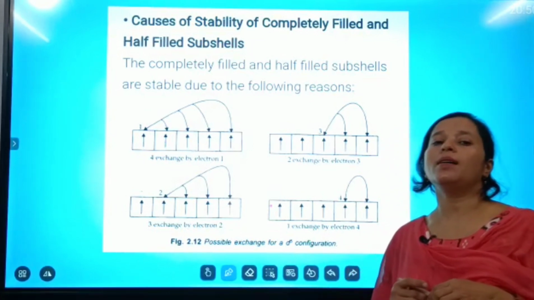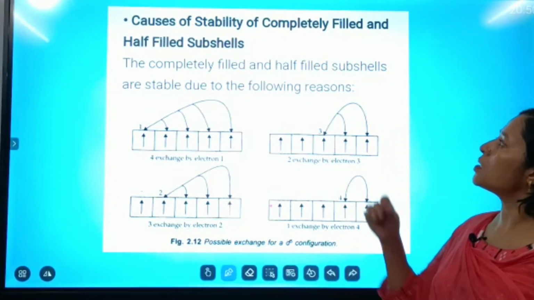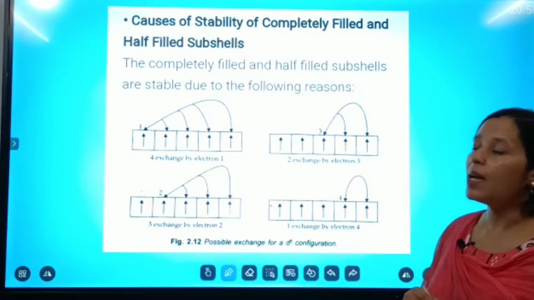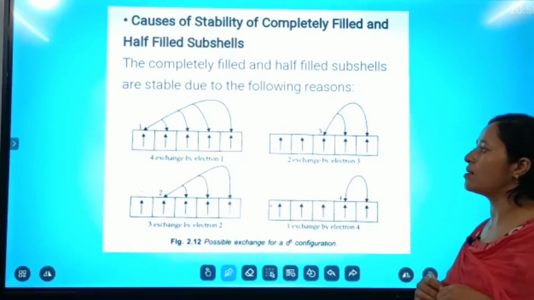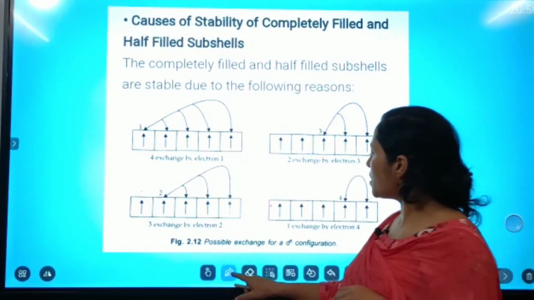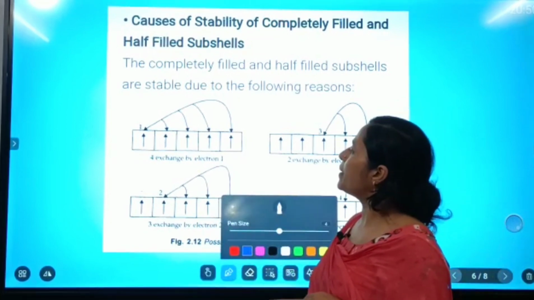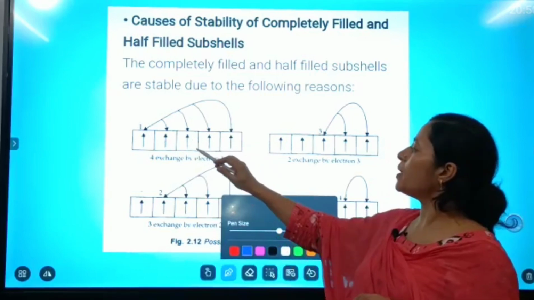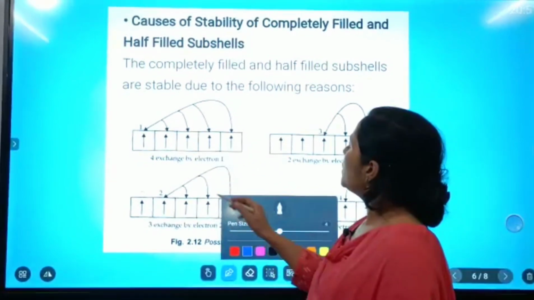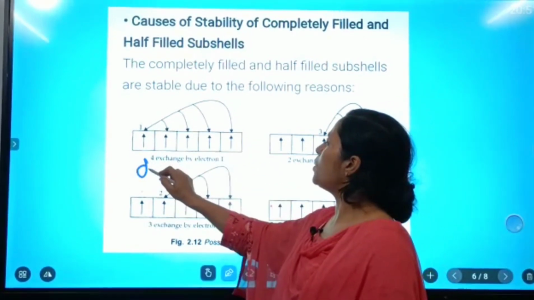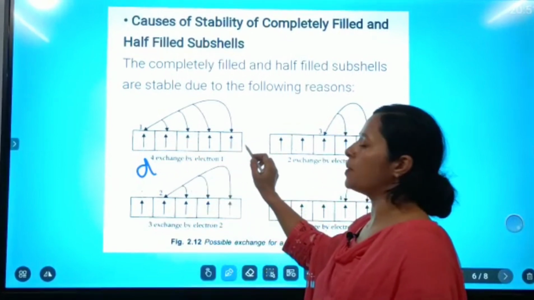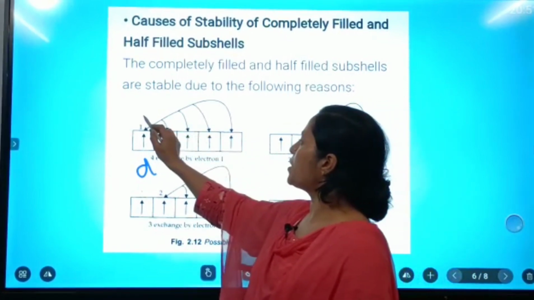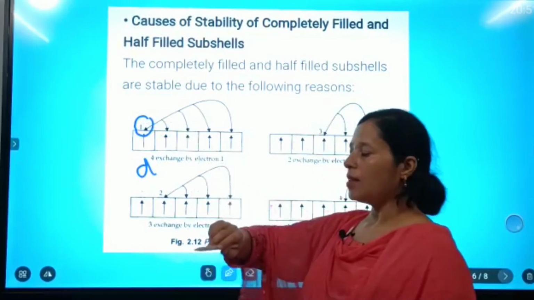Many a time a question comes: what is the cause of stability of completely filled and half filled subshells? So students, if we look at this slide, this is the d subshell. You can see it has 5 orbitals, and this is our electron number 1.